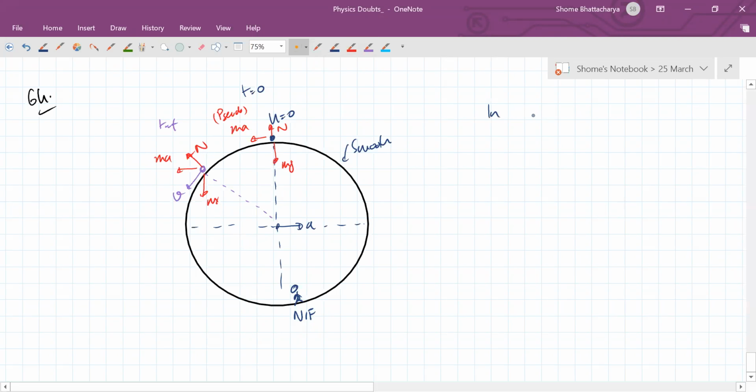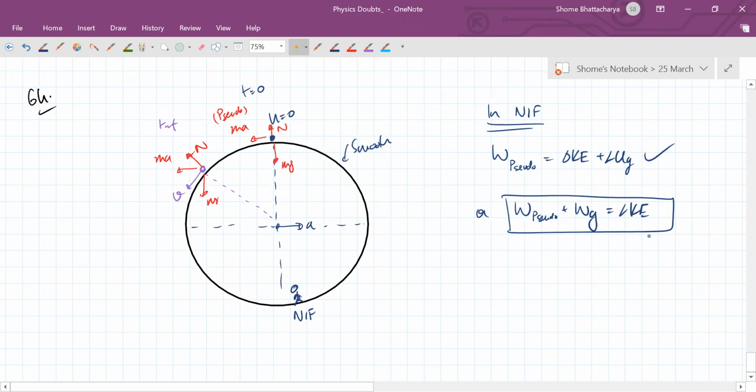So in the non-inertial frame, we can say that work done by pseudo force is equal to change in kinetic energy plus change in gravitational potential energy, or we can say that work done by pseudo force plus work done by gravity is equal to change in kinetic energy. This is with respect to the non-inertial frame.